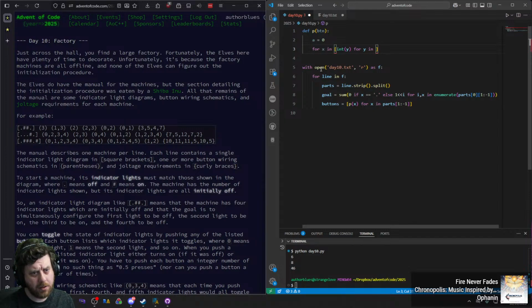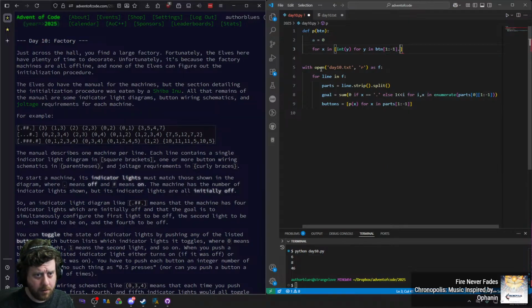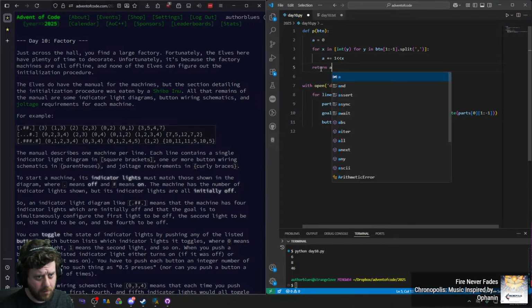For x in int y, for y in button, strip off the first and the last, dot split on comma. a plus equals one left shift x, return a.